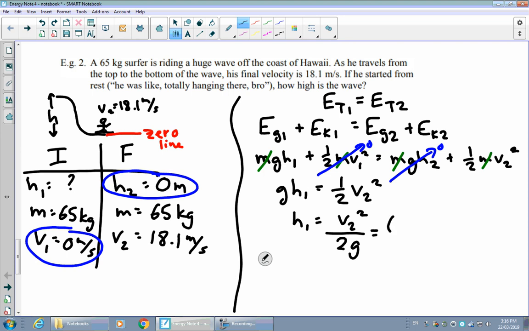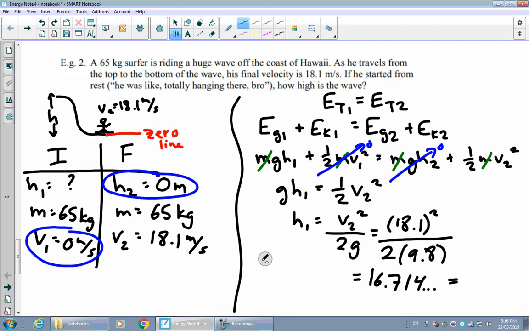So that's 18.1 meters per second, and that whole value needs to get squared. And then I divide that by 2 times 9.8. When we do all of that, we get about 16.714 and then a bunch of other stuff. What I'm going to do, though, is round that off to 3 sig digs, because even though mass was only given to us with 2 sig digs, we didn't actually use it at all.